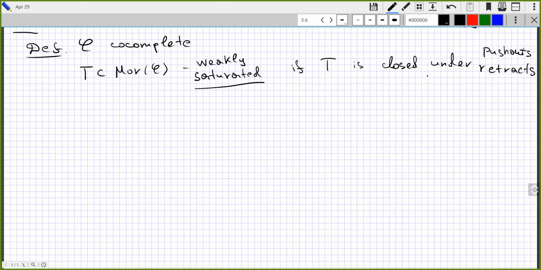Also, you actually need to ask for the transfinite composition. I'm not going to define it, but we'll tell later what it means.